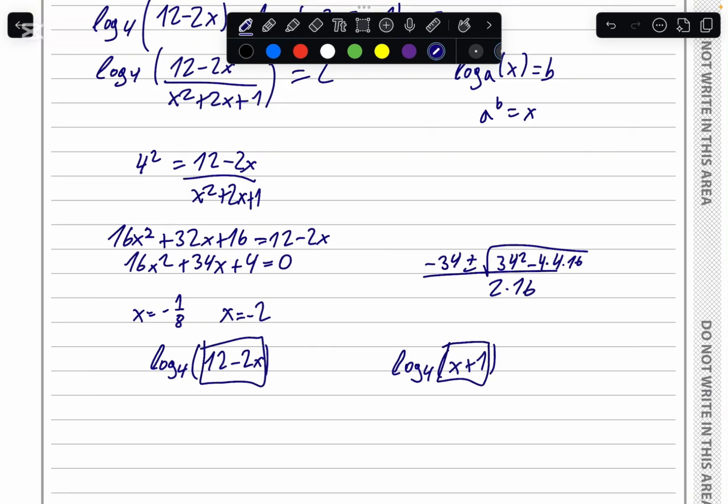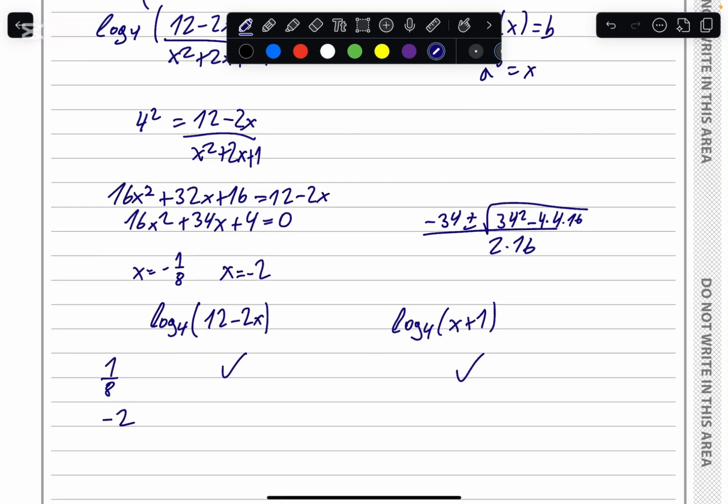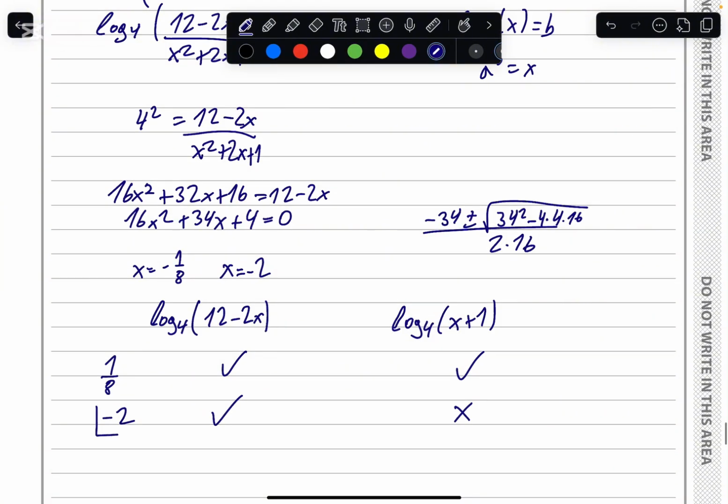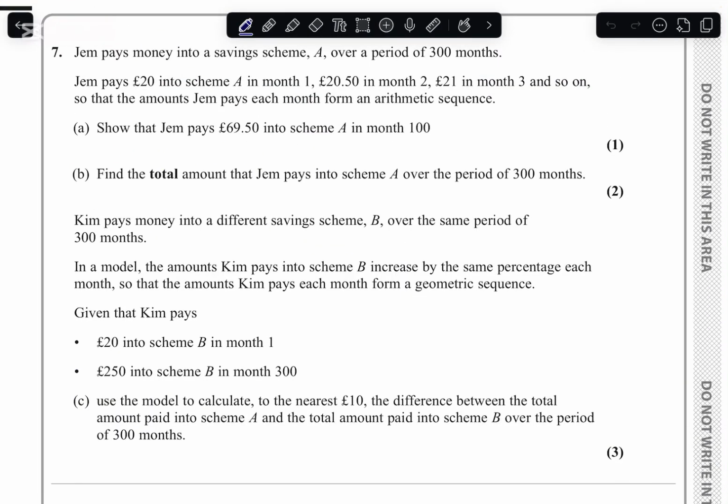If they give a negative answer, then they are rejected. If we input 1 over 8 here, it will give us a positive value. It will give us a positive value here also. If we input minus 2 here, it will give us a positive value here, but it will give us a negative value here. So it means that we must reject minus 2. So the only answer is x equals minus 1 over 8.